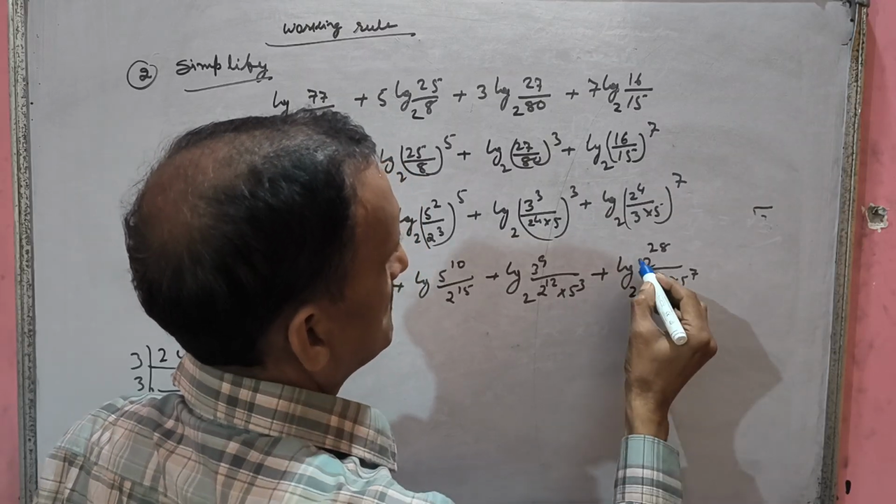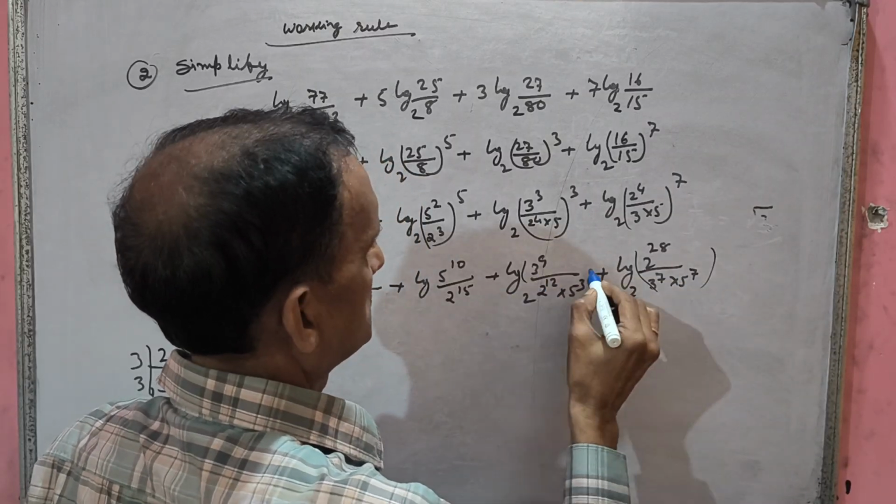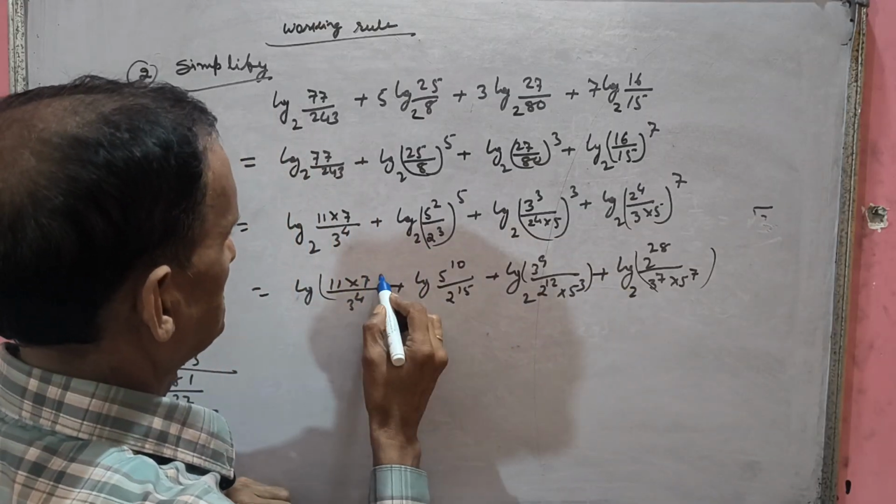Remember the base is 2 here, and you should give the bracket. More numbers are there, no?